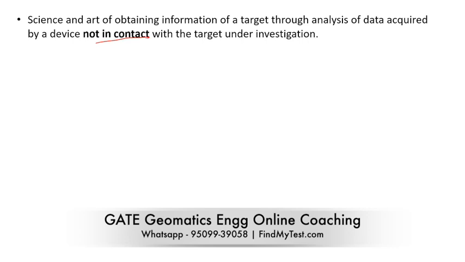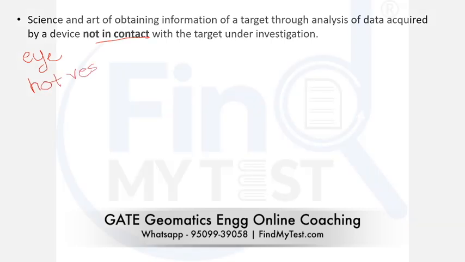The most used common example is our eye, or sensing whether a vessel is hot. So basically, any information that we gain remotely of an object is remote sensing.